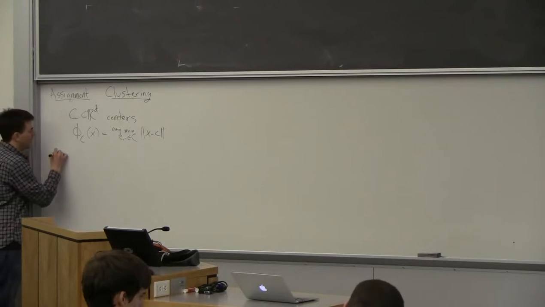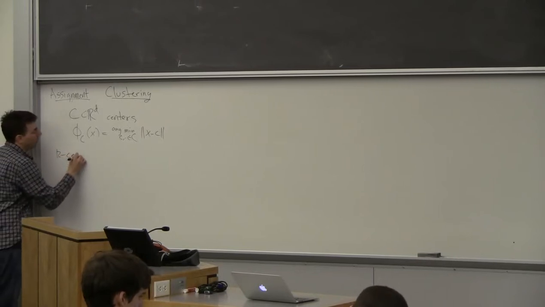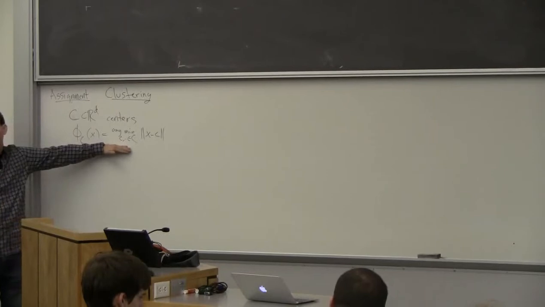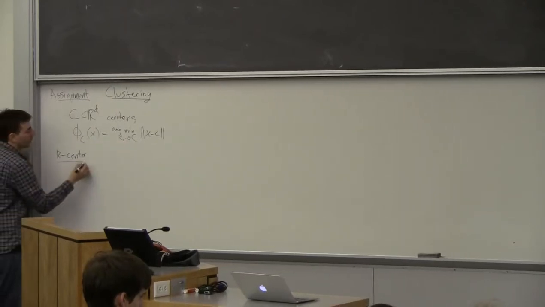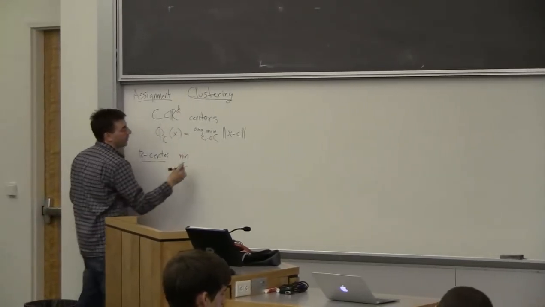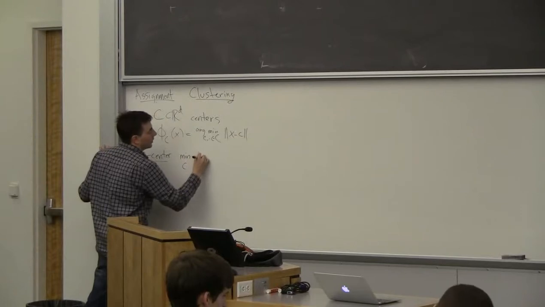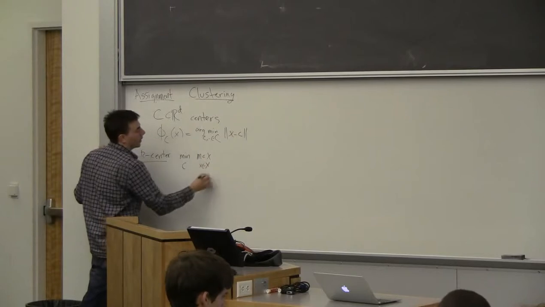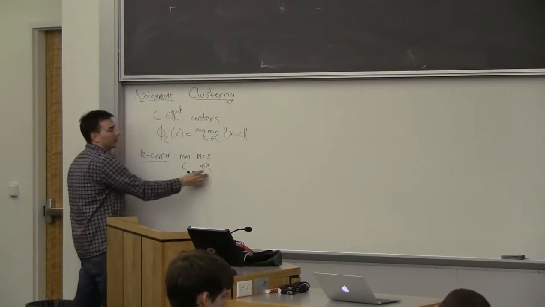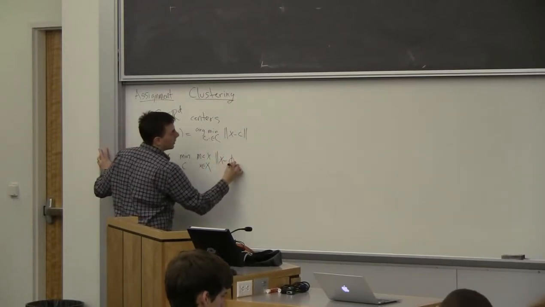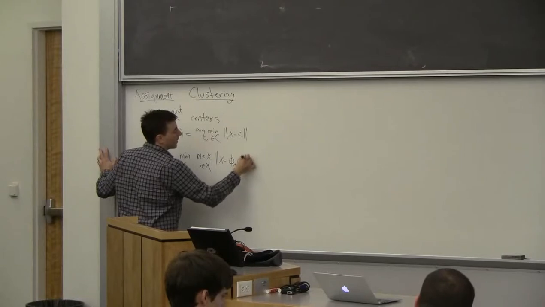We talked very briefly about the K-center formulation. The goal is just to find these centers and automatically cluster the data based on this assignment function. K-center is when you're trying to find the set of centers that minimizes the max over X in some input data set of the distance from X to its assignment.